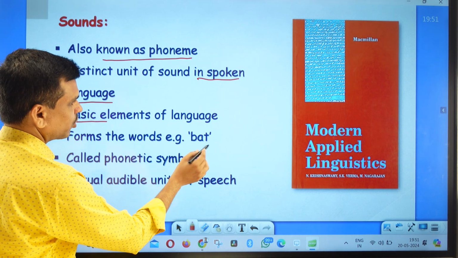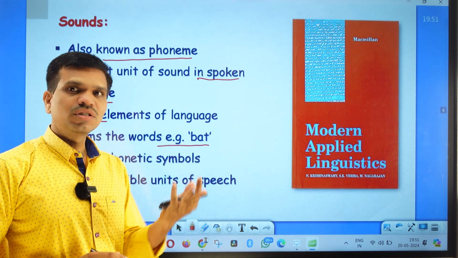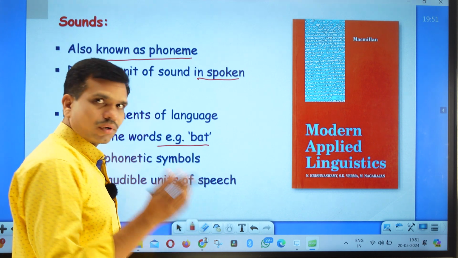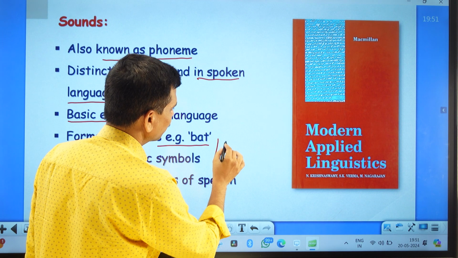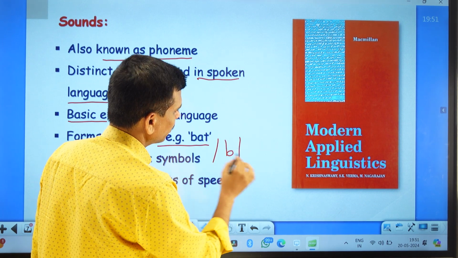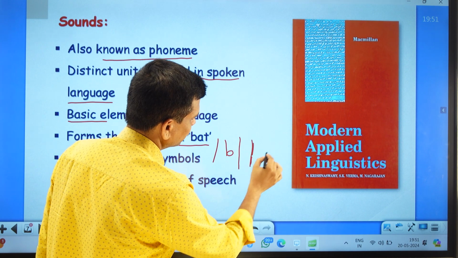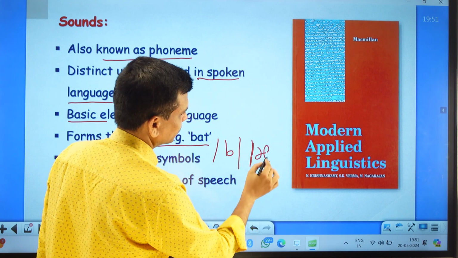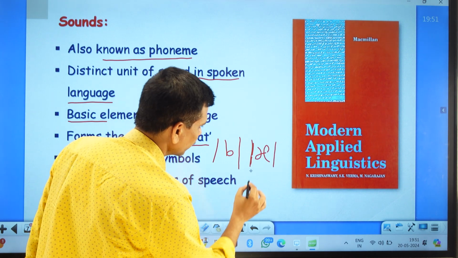Again, let's take an example of the word bat. Now this word bat represents three sounds. Let me give you the symbols of these sounds. For example, this is the b sound, then we have the a sound here, and we have the t sound here.